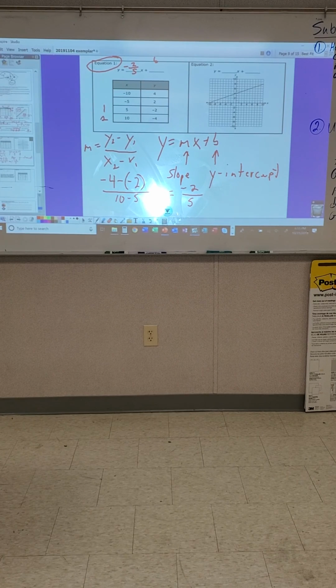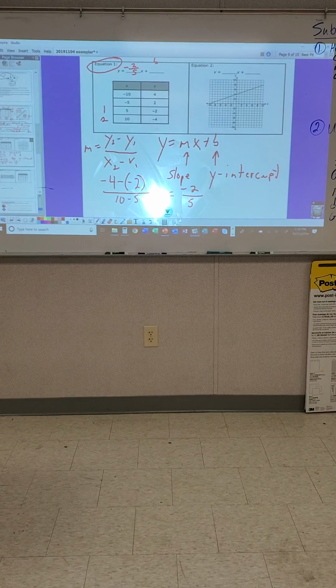Well, when we work with b, we want the x to be 0 and then the y to be some number. It could also be 0. If it were 0 also, we'd have the origin. But remember, the y-intercept is where the line crosses the y-axis, and the y-axis is at 0 on the x-axis.